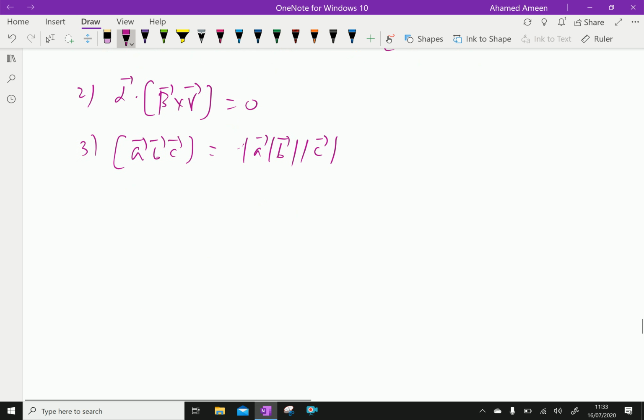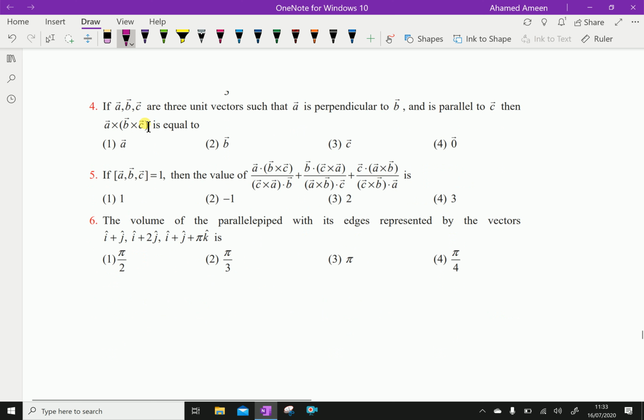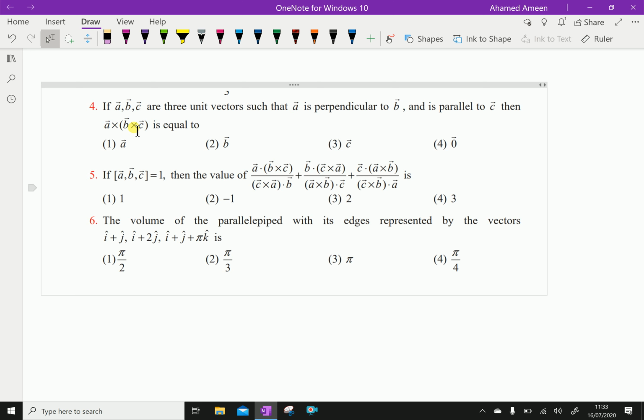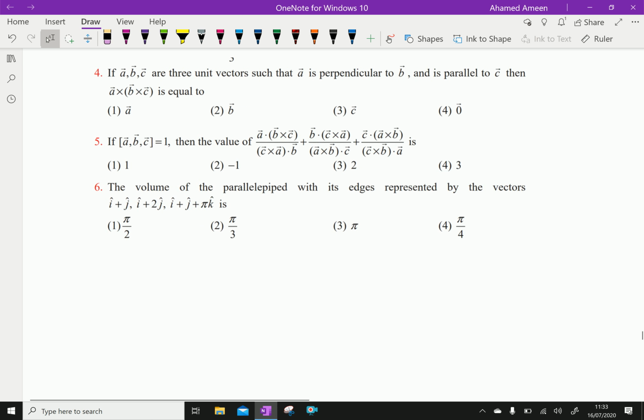Now next, question number 4. If vector A, vector B, vector C are three unit vectors such that A is perpendicular to B and A is parallel to C, then A cross B cross C is equal to?